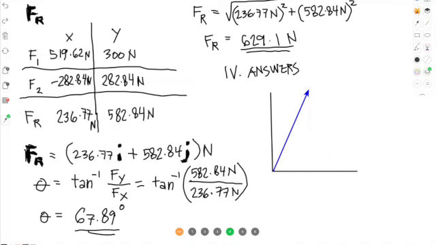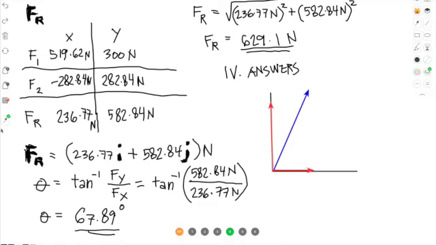So our components would be here in the y, and x, somewhere there.